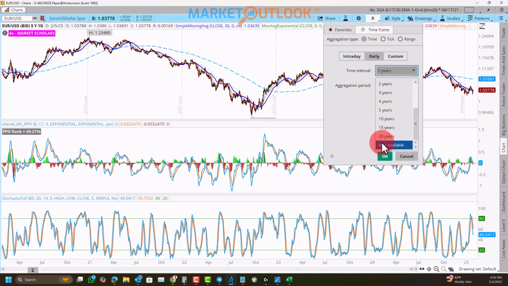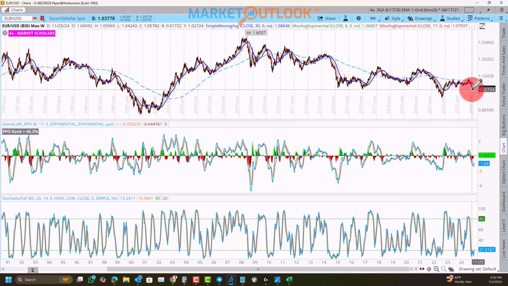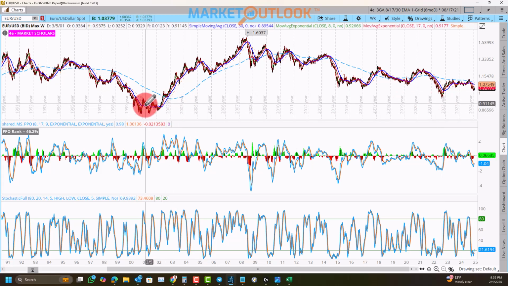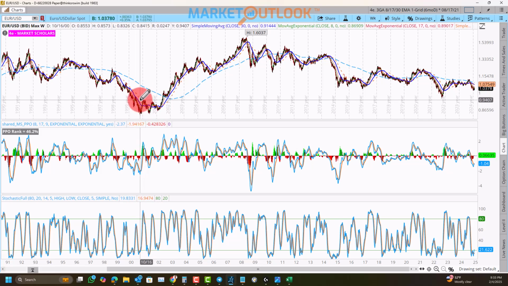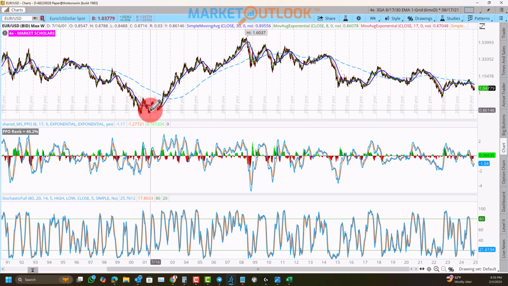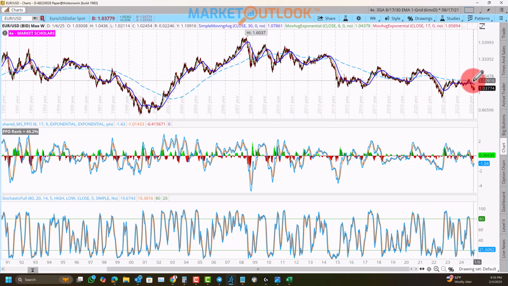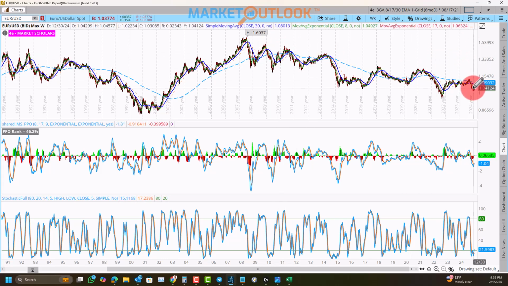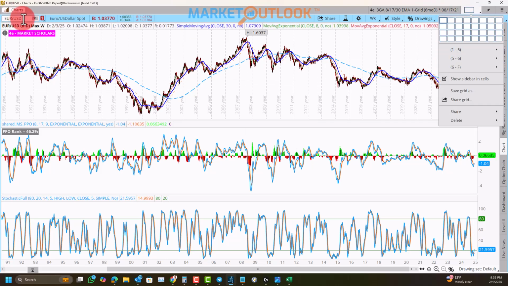If I zoom out so we can kind of see, we briefly went below parity there, but back when the other time that the market's been so highly concentrated, especially in the tech sector, the dollar was very strong there too. It got down to way lower than we're at right now. So just because we're barely above parity, and we're at pretty much 20-year lows, doesn't mean that we are so extreme that we can't go lower. And that means higher for the dollar.